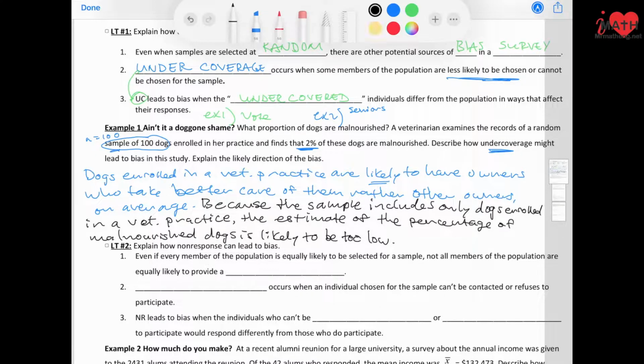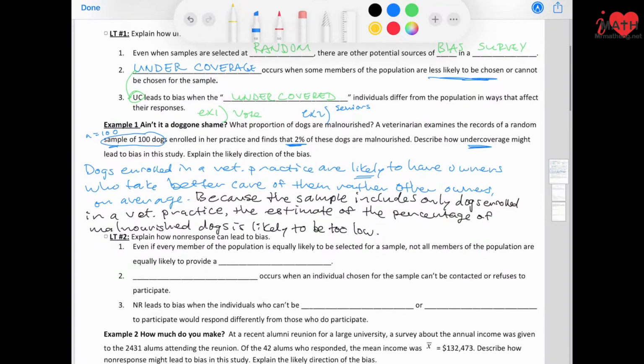Okay, so let's draw that graph to help us understand. We're saying that the 2% is here. But is that the true amount of dogs that are malnourished? No, we think the actual number is probably higher than that. I'm sorry, that 2% is too low. And we probably have more dogs that are malnourished. Maybe 5% of the dogs. Why am I saying that?